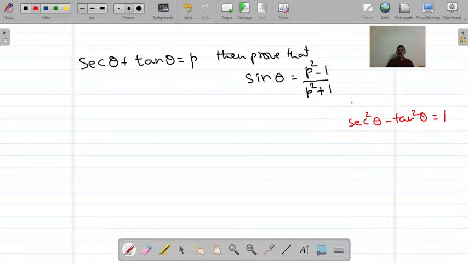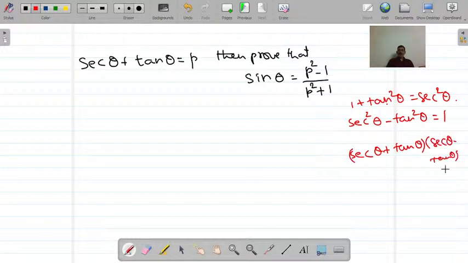So we know that 1 is equal to secant square theta, plus tan square theta, send it to the other side. That's how you get this. Now it is like a square minus b square. So secant theta plus tan theta into secant theta minus tan theta is equal to 1. This is what we are going to make use of.